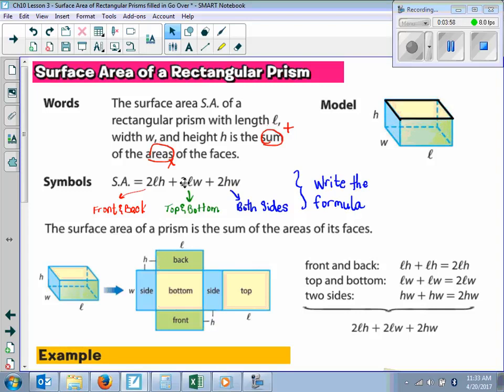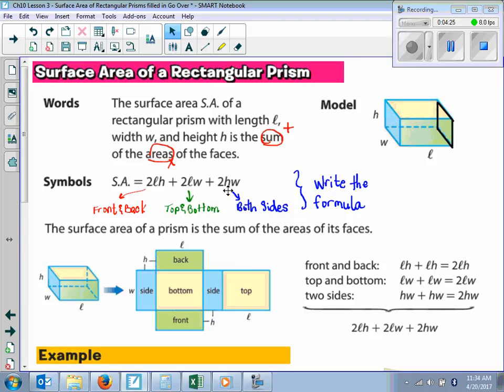That's why we have 2 times the length times the width. Make sense? All right. And then we have the 2 sides. So we have this side, and to find the area of that side, it's width times height. So there's 1 here, and there's 1 there. Is everybody with me? Okay, and once again, 2 of them exactly the same.